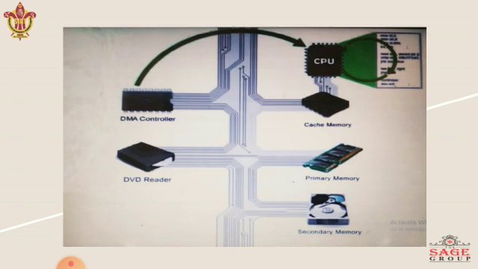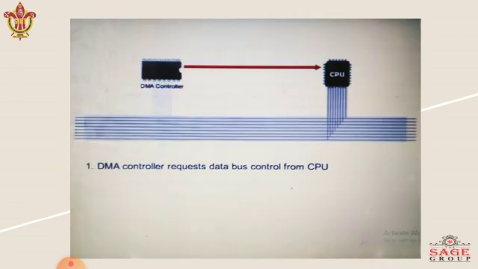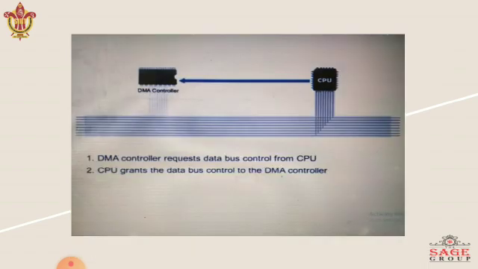Let's summarize the steps. Number one, initially the DMA controller requests data bus control from the CPU, identifying the memory read request. Second, the CPU grants the data bus control to the DMA controller and resumes some other critical task.